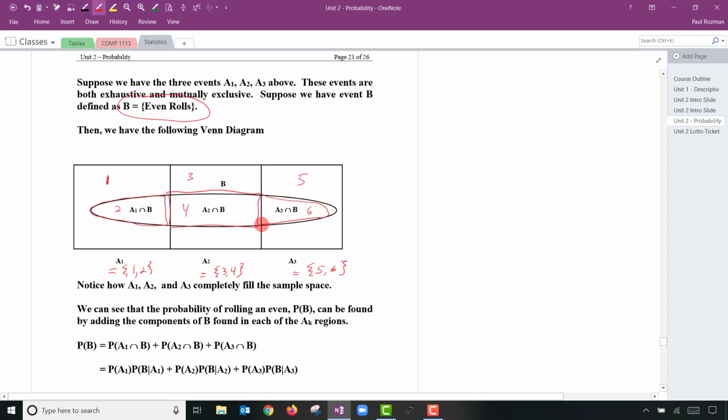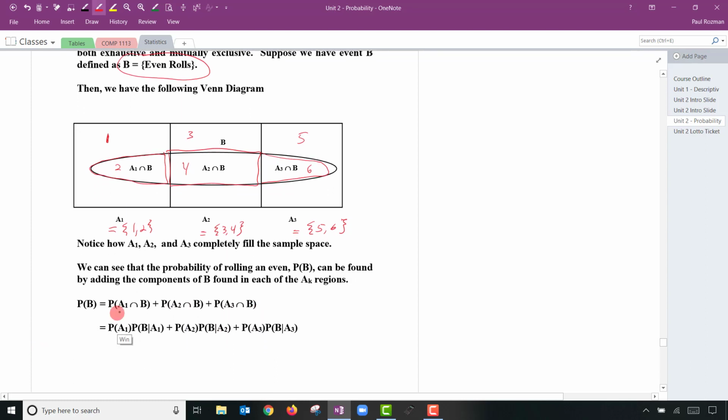If I sum those 3 pieces together, then I get B. So these pieces are the intersections. I have A1 and it's even. This section is it's in A2 and it's even. And this section here is it's in A3 and it's even. So I just listed that out. The probability of B is the sum of those 3 pieces.